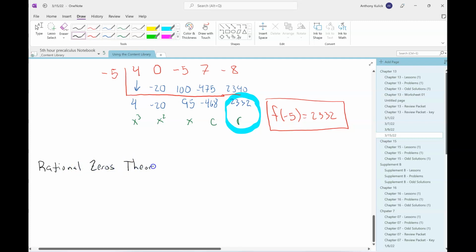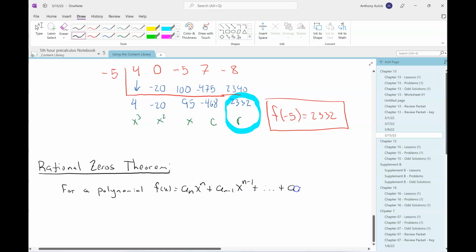So we're going to look at 2 more theorems today before we enter into the big process next time. The rational zeros theorem says that for a polynomial f of x, which equals, so this is our standard form for any polynomial, right?